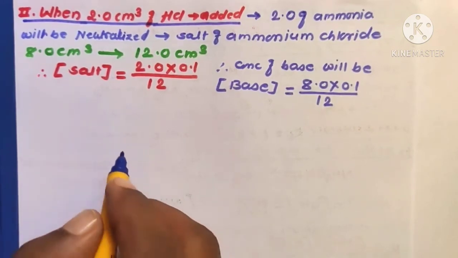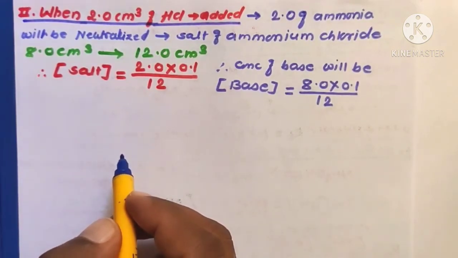This system is a mixture of a weak base and its salt ammonium chloride, hence a basic buffer.